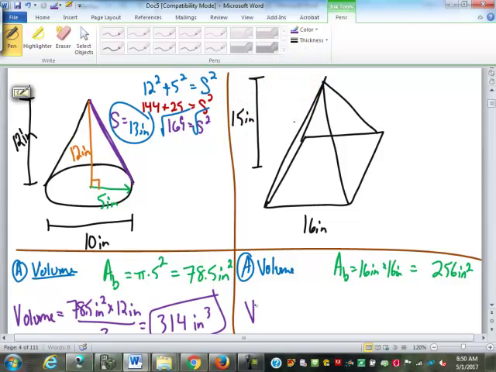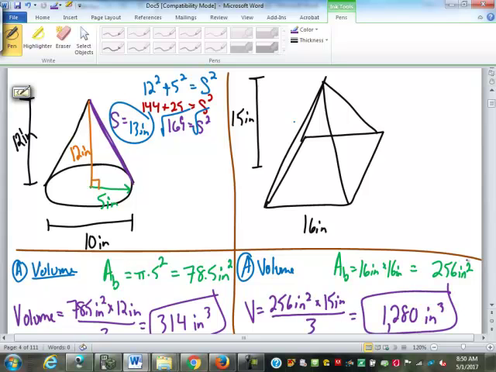So the volume is the area of that base, 256 inches squared, times the height of 15 inches, divided by 3 again, since it's a pyramid. Which is 1,280 inches cubed.